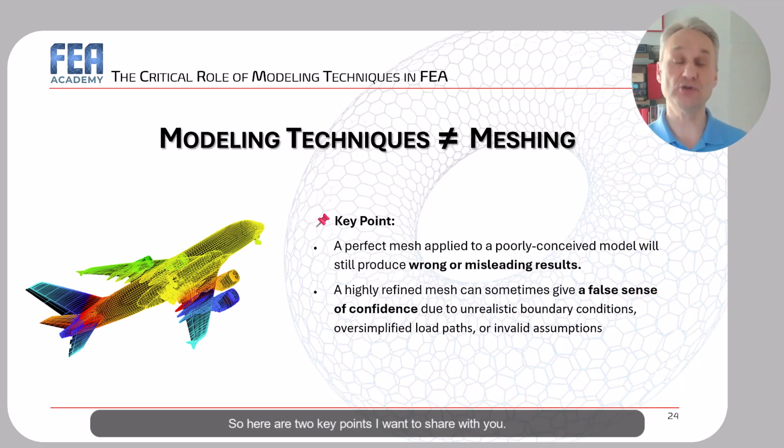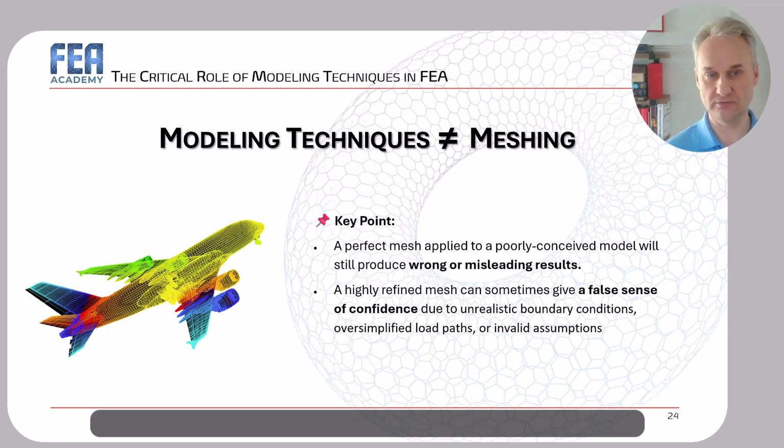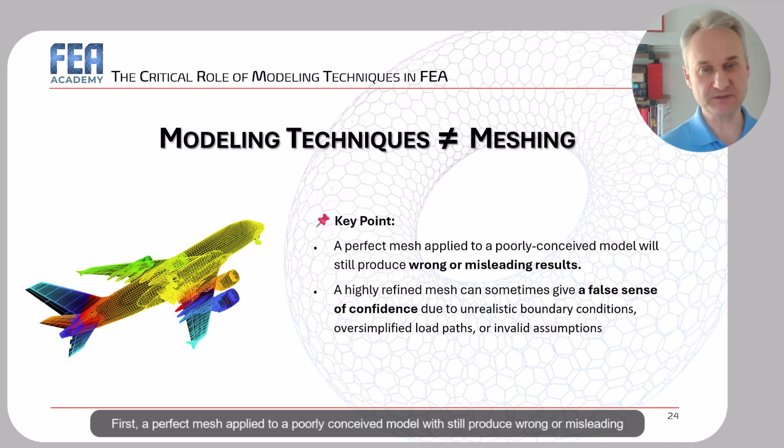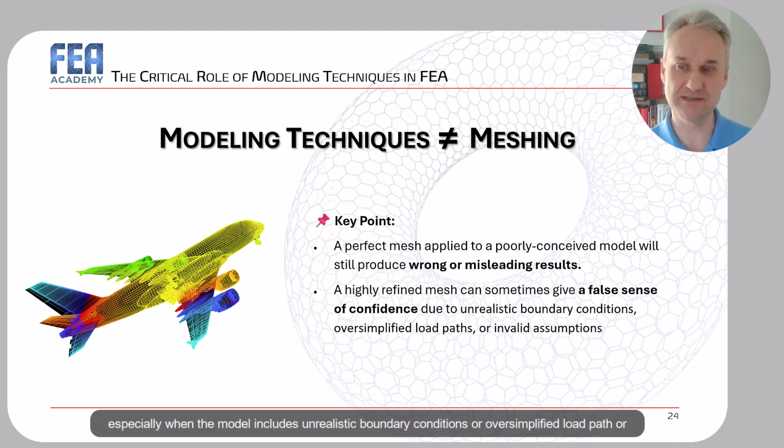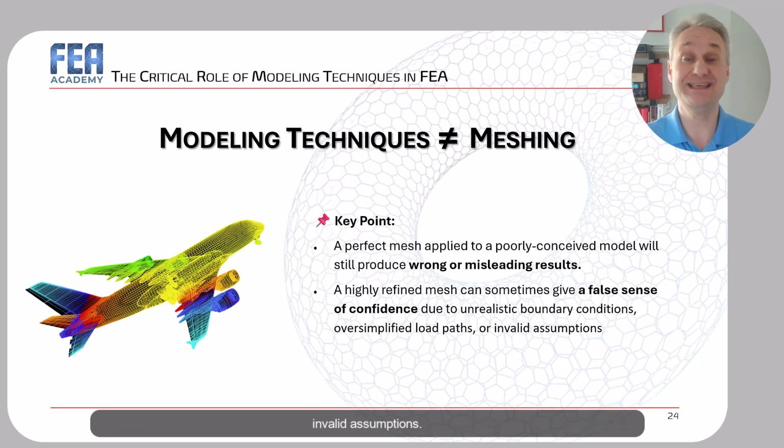So here are two key points I want to share with you. First, a perfect mesh applied to a poorly conceived model will still produce wrong or misleading results. And unfortunately, a highly refined mesh can sometimes give a false sense of confidence, especially when the model includes unrealistic boundary conditions or oversimplified load paths or invalid assumptions.